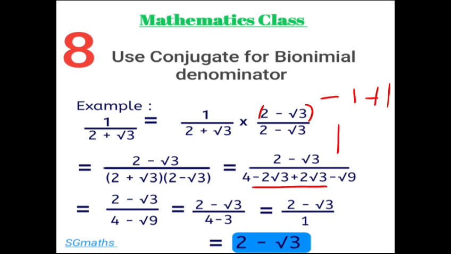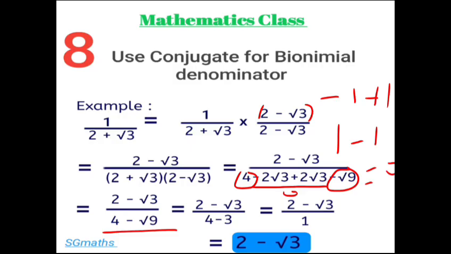If you interchange it to 1 minus 1, that will give you what? 0. And that is how we have 0 here. So we are left with 4 and minus root 9. So we now have 2 minus root 3 divided by 4 minus root 9.